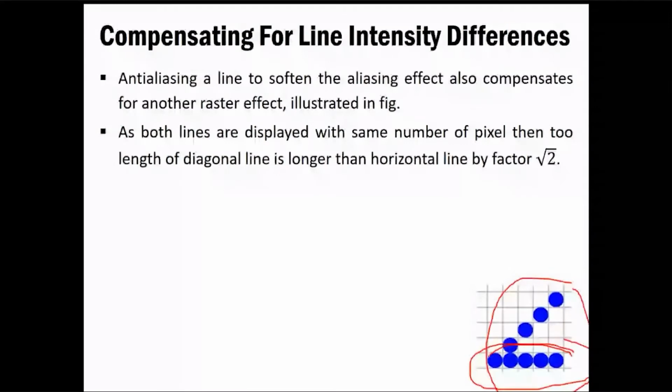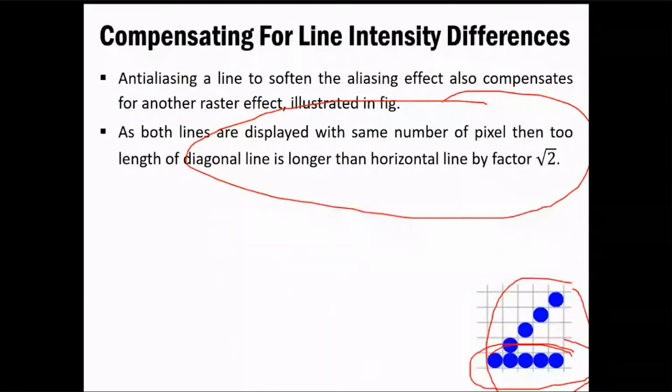So what it says is, if both lines are displayed with the same number of pixels, then the length of the diagonal line is longer than the horizontal line by a factor of square root of 2. Okay, so you would have some difference as compared to the horizontal line whenever we talk about lines that have different slopes. So what you try to do is anti-alias based on the slope of that particular line.